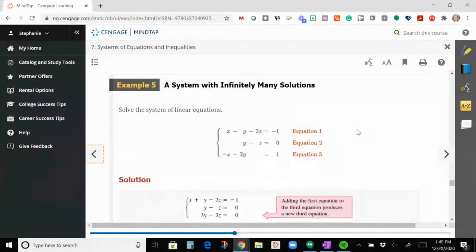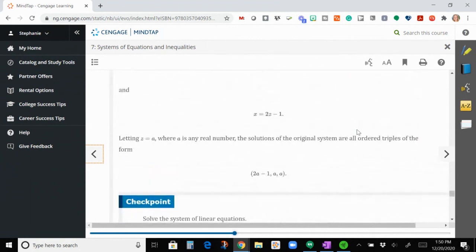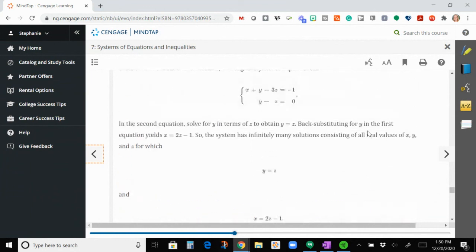So the textbook is getting down to solving for x, and it's determined that y is equal to z. Plug that back into equation 1 and it spits out x equals 2z minus 1, and I'm not exactly sure how that was determined. So if you can just write that portion of it and show me how that was solved, that would be all I need for that.